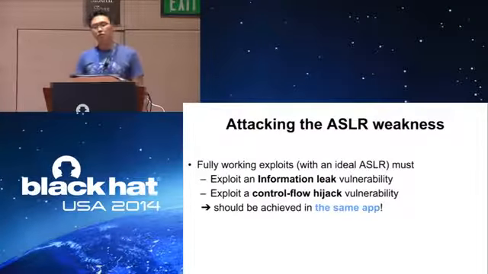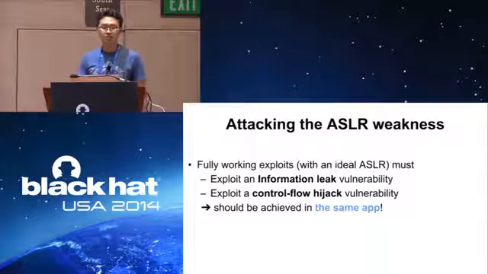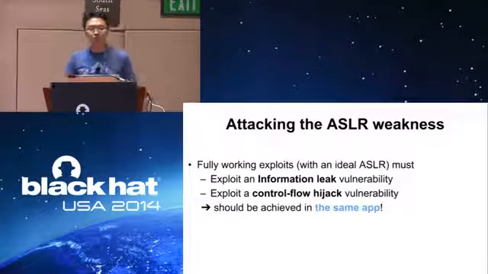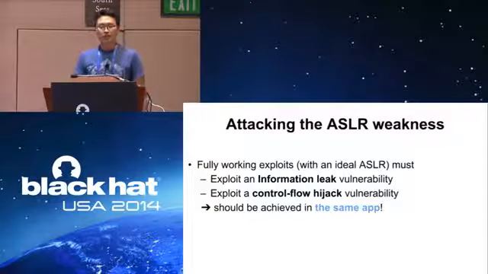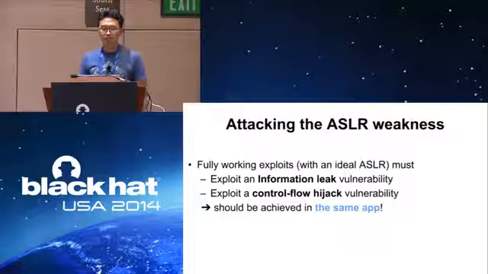Before we talk about how this can be attacked, we have to think about what the hurdles or challenges are to build a fully working exploit. In the current hardened settings, you need to exploit an information leak vulnerability first.